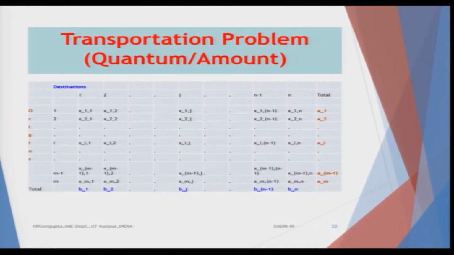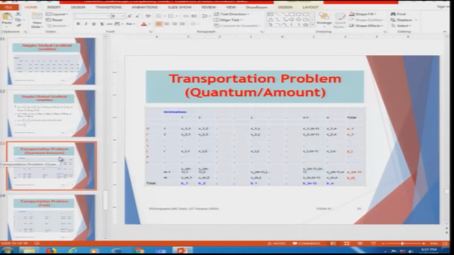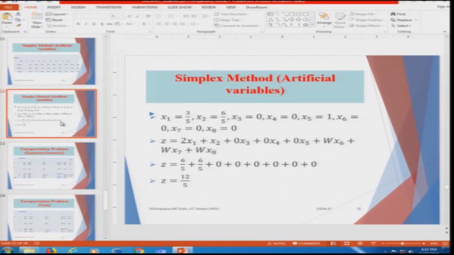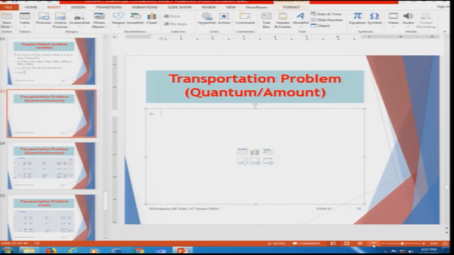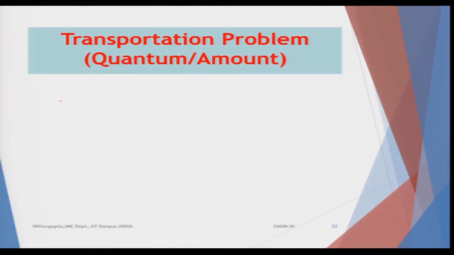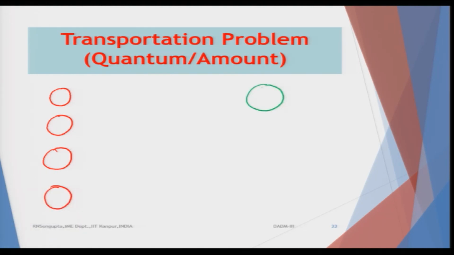So, if I am allowed to draw, it will be easy. You have origins 1, 2, 3, 4, and you have destinations 1, 2, 3, 4.